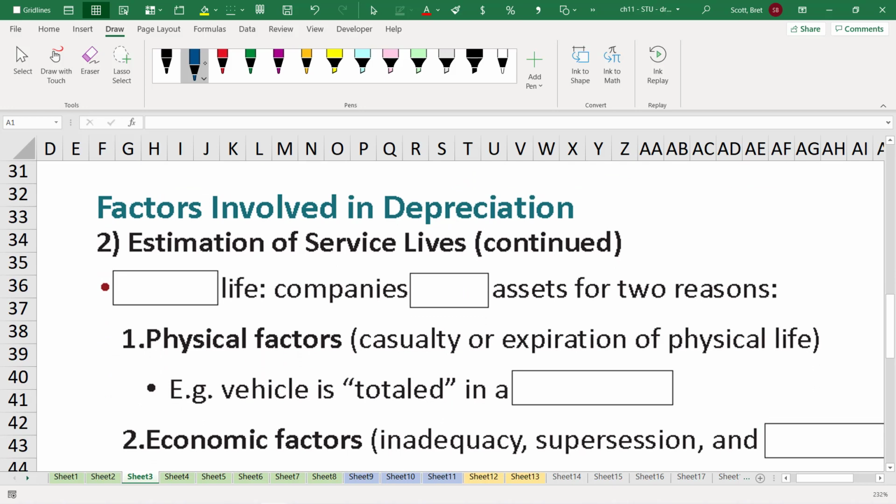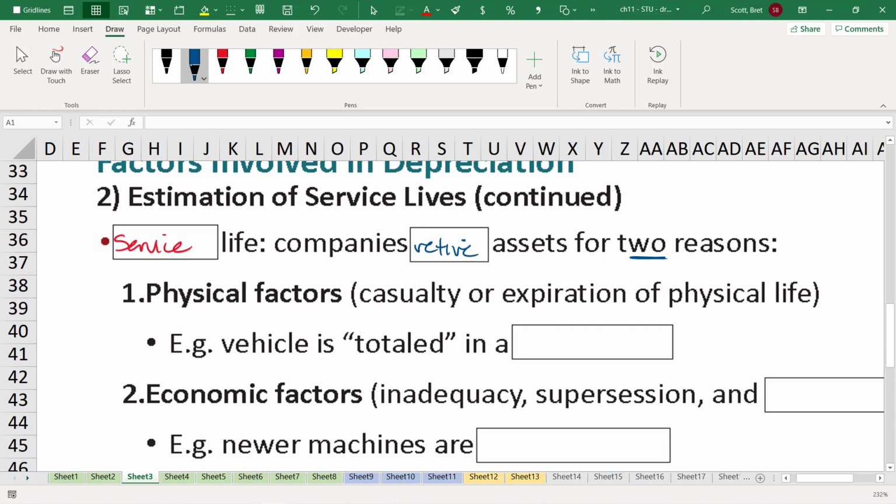So let's talk about service life again. Companies will retire assets for primarily two reasons. Physical factors: some type of casualty or expiration, poof, it's gone, it's stolen, it burned in a factory fire, or, for example, a vehicle is totaled in a car accident. We're going to go ahead and just retire that asset and say it's done.